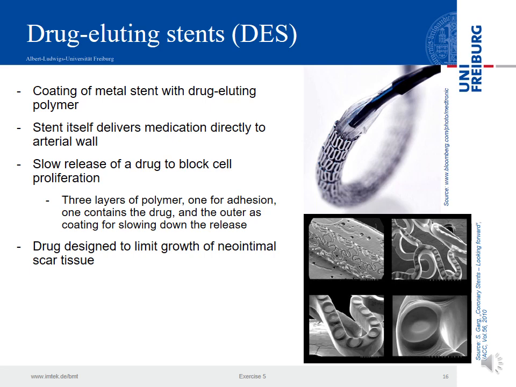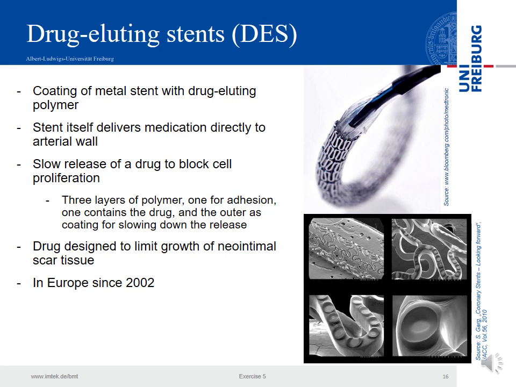And this drug release limits the growth of new tissue on the inside of the blood vessel, and the technical term is neo-intimal scar tissue. Neo for new, and the intima is the inner layer of the blood vessel.